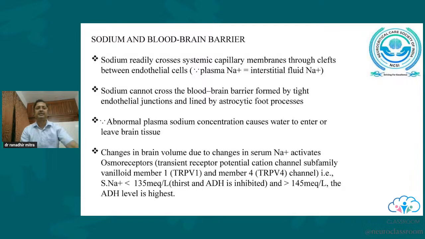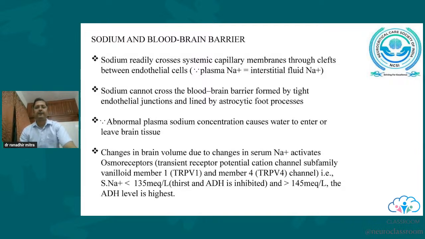These osmoreceptors are generally TRPV1 and TRPV4, the vanilloid receptors. Normally when the sodium falls below 135, what we call hyponatremia, these osmoreceptors are stimulated, and in turn they stimulate the posterior pituitary causing release of ADH, and they stimulate the thirst center in the hypothalamus.